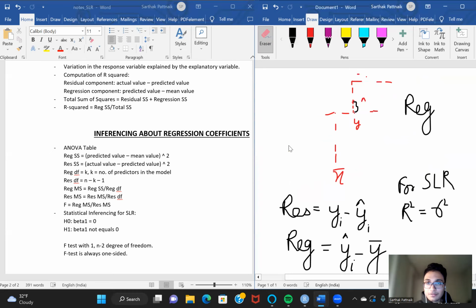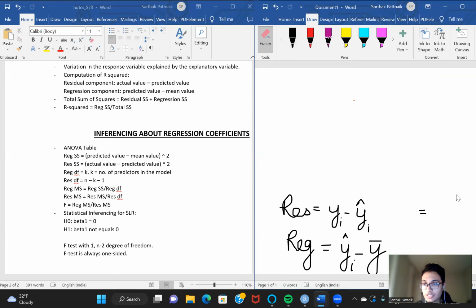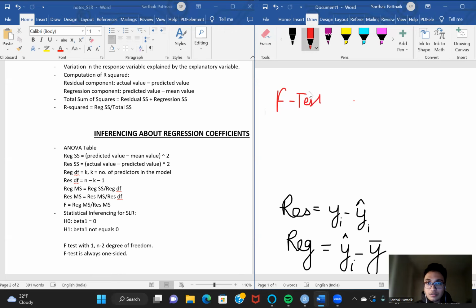So fundamentally, we will study two techniques to do our hypothesis testing for regression coefficients. The two ways are F test and T test.